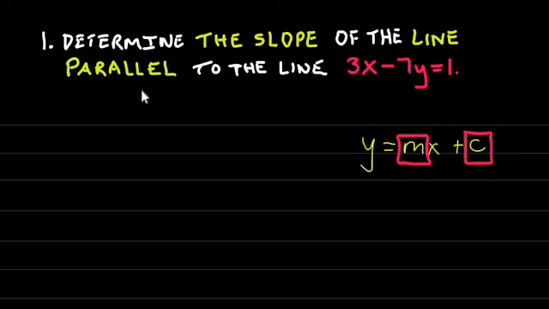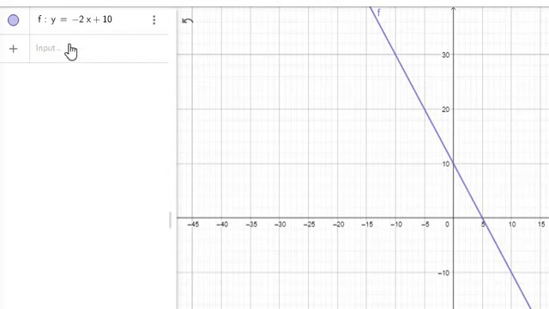So what do you know about parallel lines in reference to their slopes? Let us look at some graphical examples to help us. Now here we have the equation y equals negative 2x plus 10 as the function f. We see that the graph passes through 10 on the y-axis, and so we know that 10 is our y-intercept.